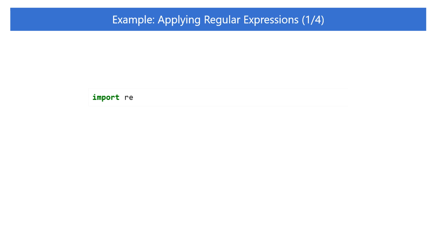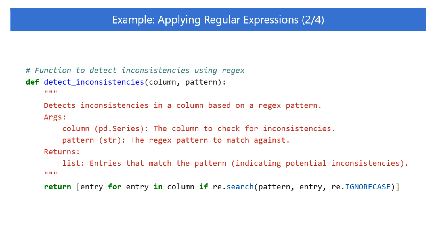To improve this, we can leverage regular expressions to identify inconsistent categories. First, import the re module. This module provides us with tools for working with regular expressions. Let's create a function to detect inconsistency using regular expressions. This function, detect_inconsistencies, is designed to identify entries in a dataset that match a specific pattern using regular expressions.